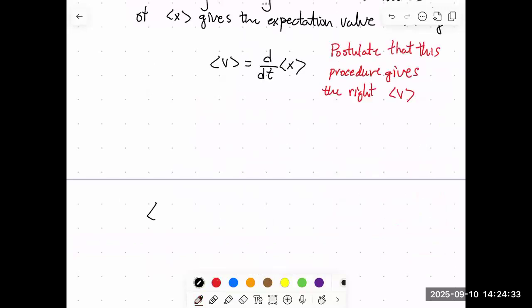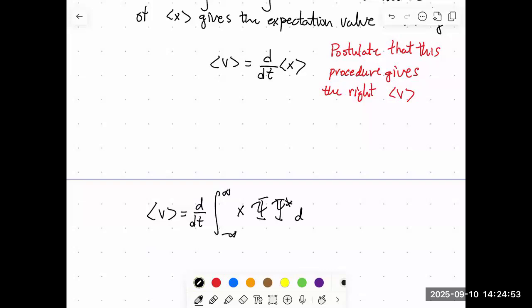That means V is equal to d by dt of the integral from minus infinity to infinity of x times the square of the wave function, but I'm going to write the square of the wave function as the wave function times its complex conjugate.